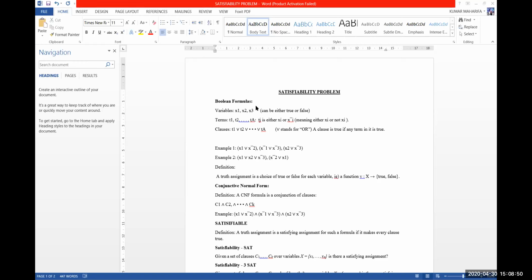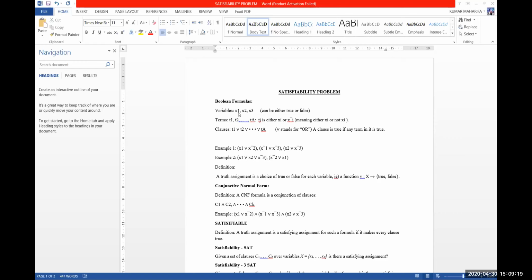The Boolean formula consists of variables, terms and clauses. What are terms? Terms are combinations of these variables. We have terms T1, T2, and so on up to Tk, and Tj is one of the terms, which is either xi or xi bar. These terms together with the OR stand for what is called a clause.